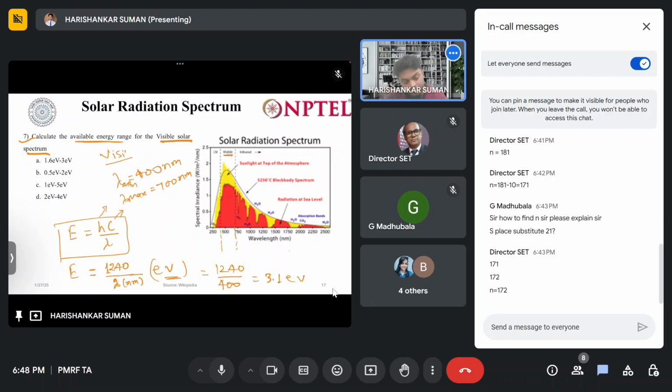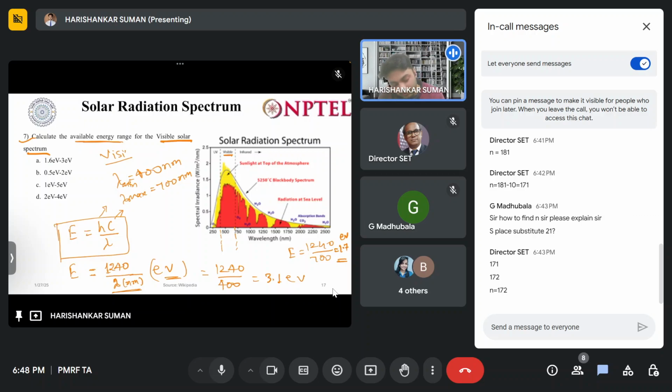And if you use 700 nanometer, what is it? 1.7 around, in electron volt.